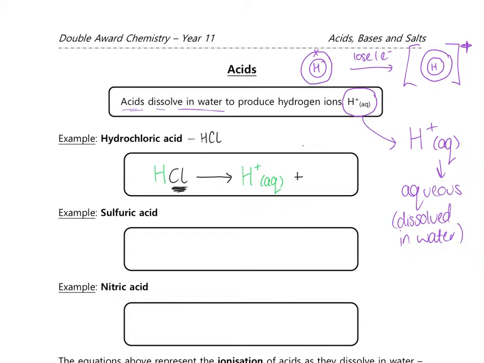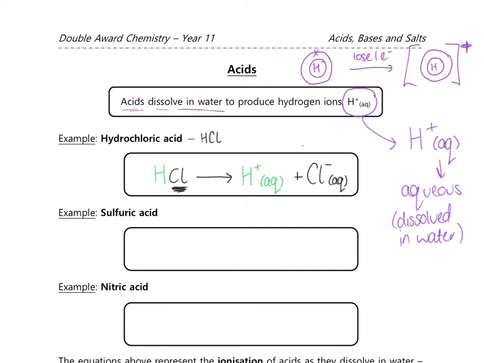The other way you can look at it is by looking at the top of your group number with chlorine, and you should have written at the top of that group 7, that they all form a charge of 1- when they're forming their ion. So our chloride ion is Cl-. And again, it's dissolved in water, and so we give it the state symbol aq.